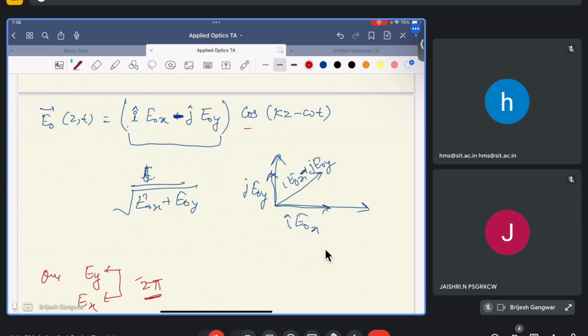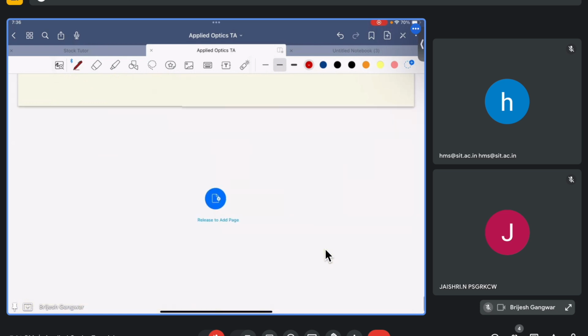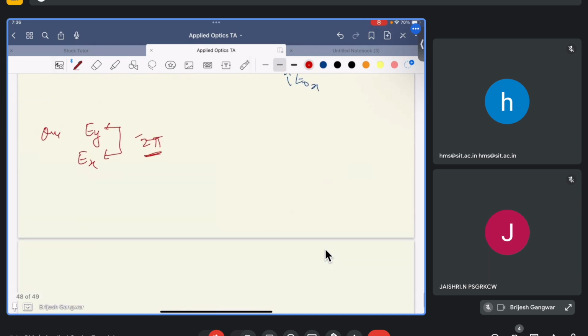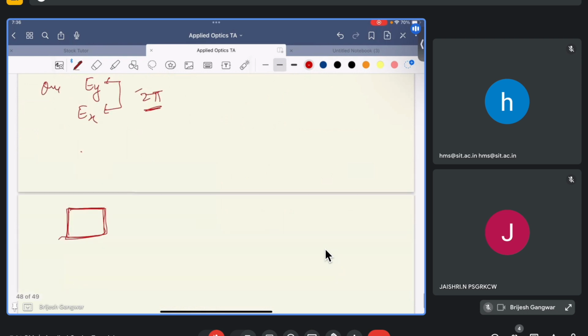Okay, so linearly polarized light is light where the vibration will be only in one direction, linearly in the plane of propagation. Do you know what the plane of propagation is?